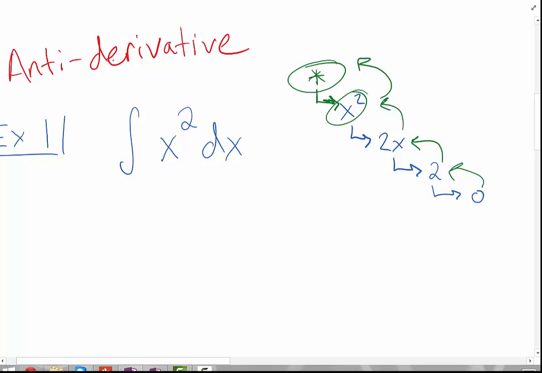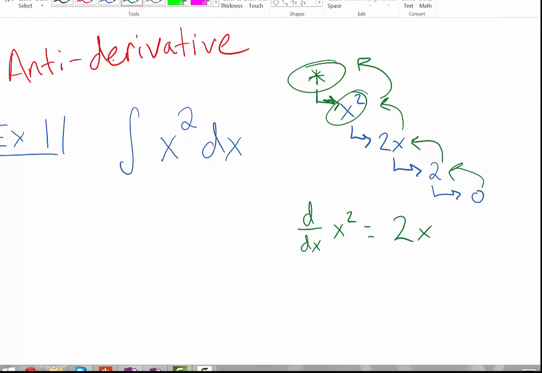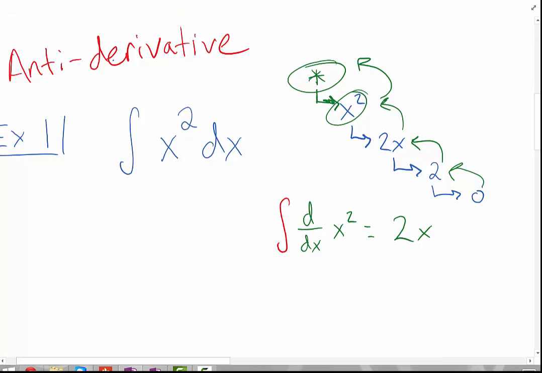So if we look at going from 2x to x squared: d/dx of x squared is equal to 2x. Now if I want to go backwards, I take the integral of both sides.